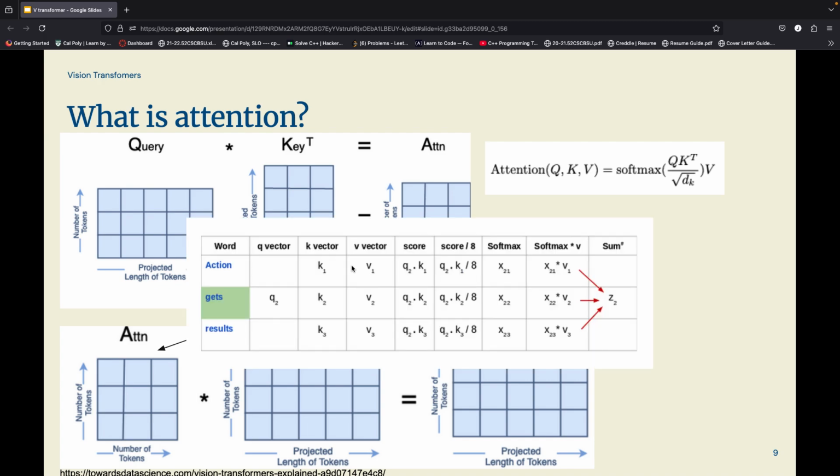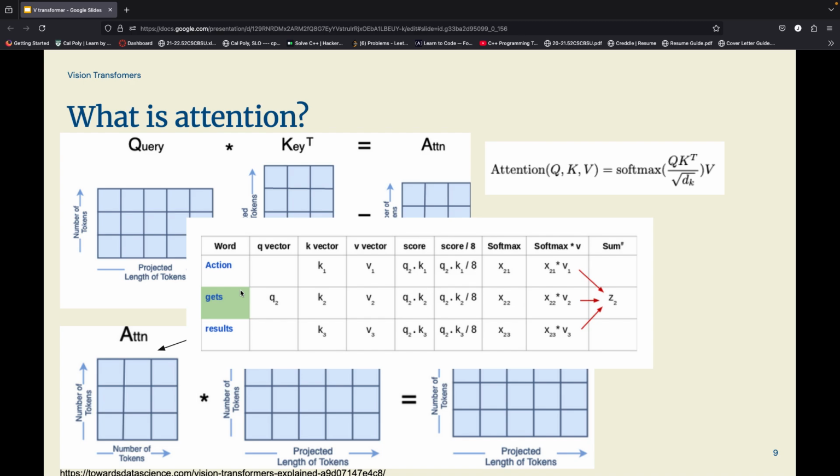So just ignore the fact that this table is for NLP. We can pretty much use the same table to explain what the vision transformer attention module does.